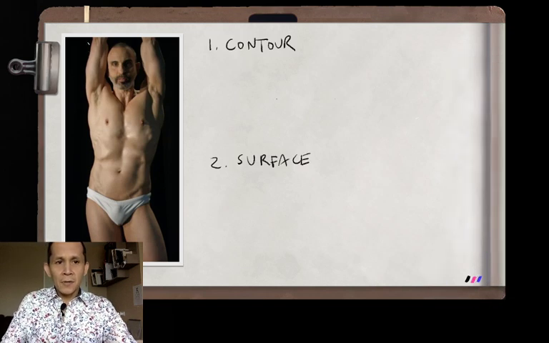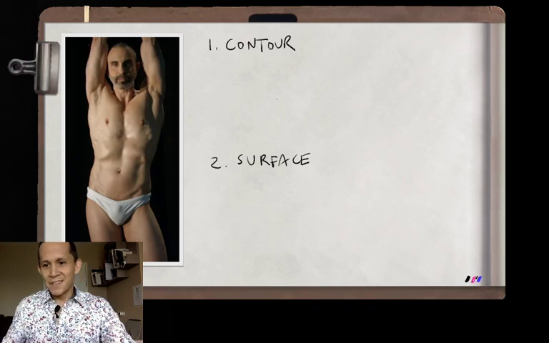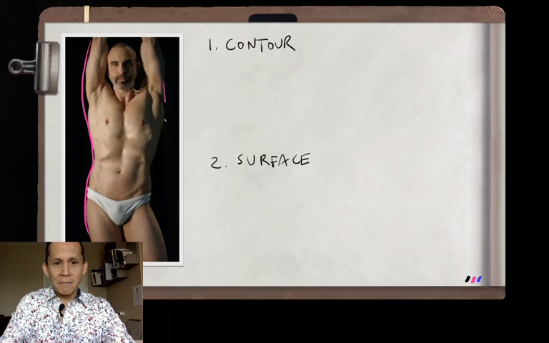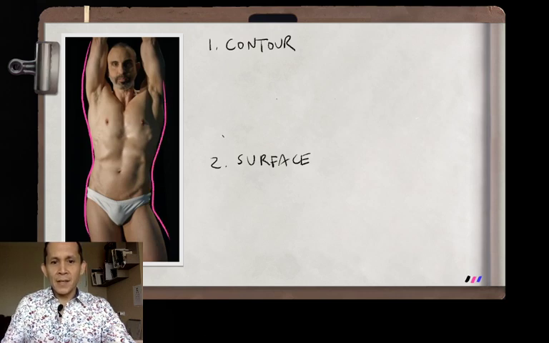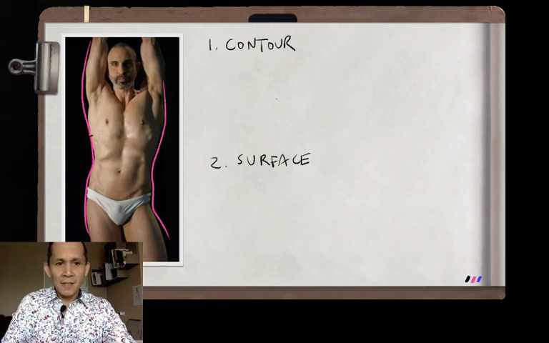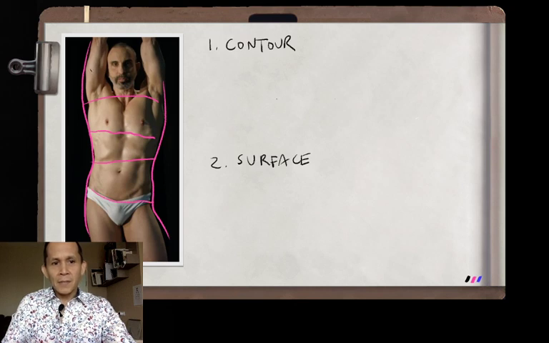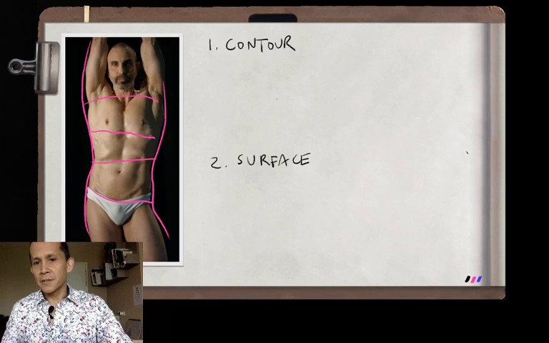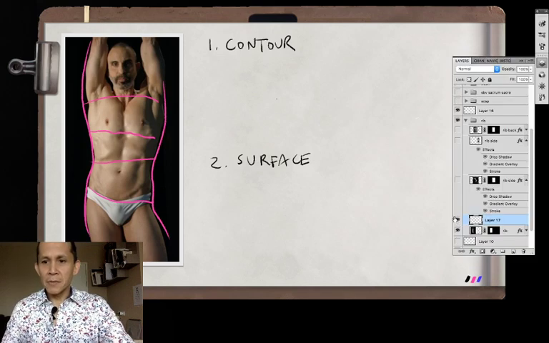Contour, right, the outer part of the form, and the surface, which is in here. So we're going to look for visual clues at the contour and the surface. That's where we look.